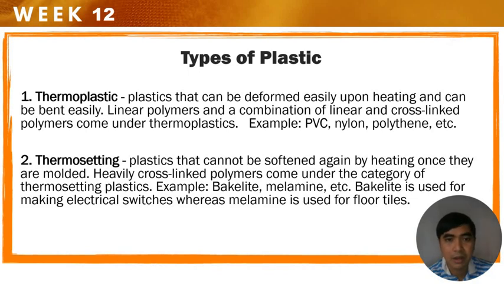So examples are PVC. Those PVC pipes are an example of these thermoplastics. Nylon, okay, the nylon rope is an example of thermoplastic. Polythene. What is polythene? Polythene, also known as polyethylene, is one of the most commonly used plastics in the world.